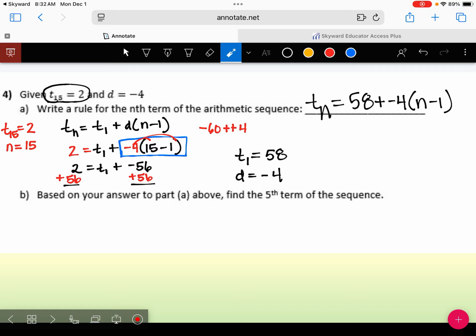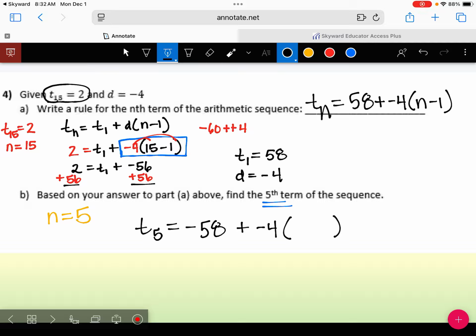So now that we have this, we can find the 5th number. The 5th number, n, would equal 5. So I want you to use that rule to find T5. T5 is going to equal negative 58 plus negative 4, parentheses, 5 minus 1.